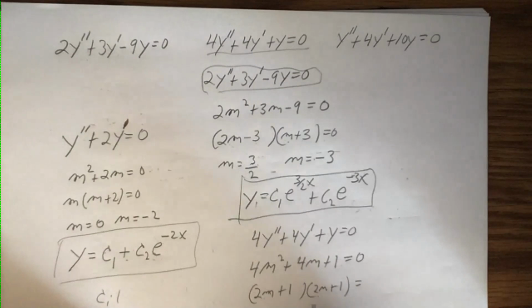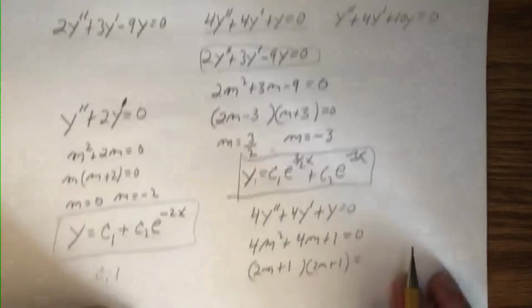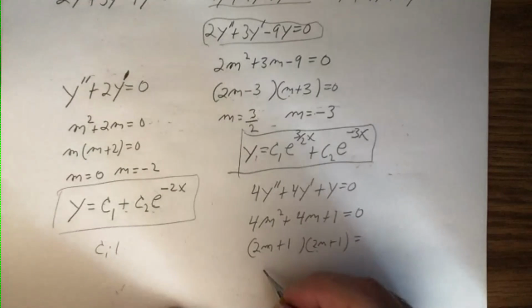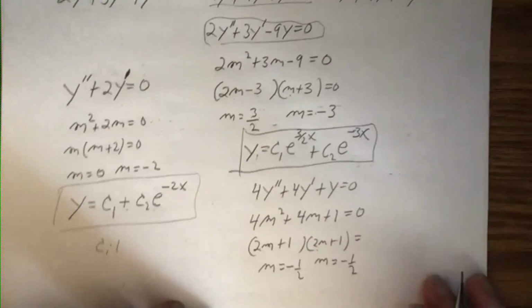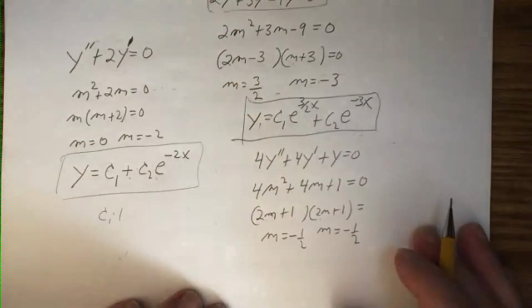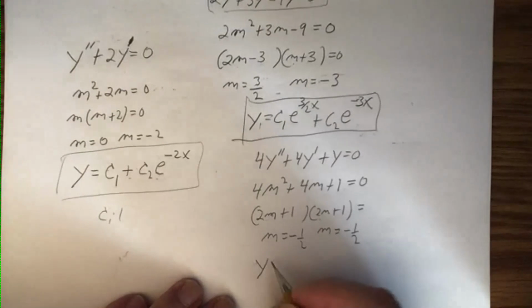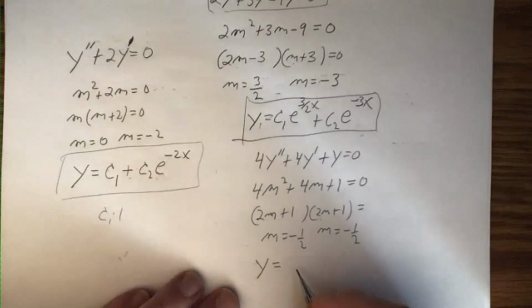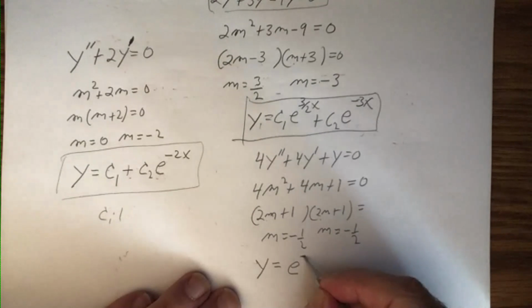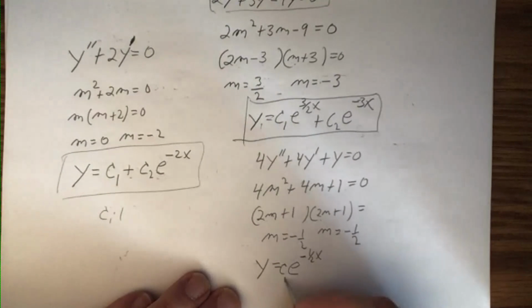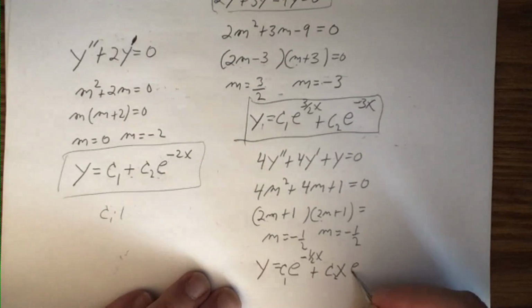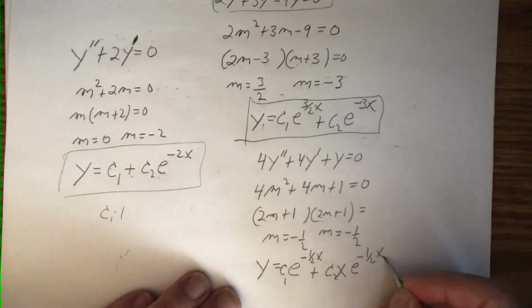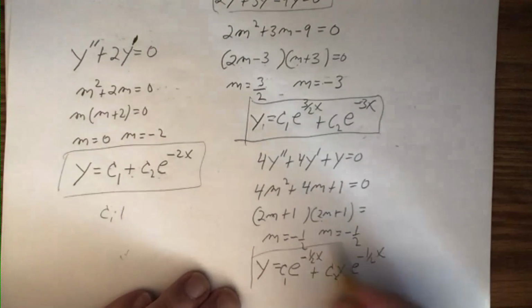So here I'm getting repeated roots: m is going to be minus 1/2, and here n is equal to minus 1/2. So the solution to this differential equation is y equals c1 e to the minus 1/2 x plus c2, now I'm going to put an x, e to the minus 1/2 x.